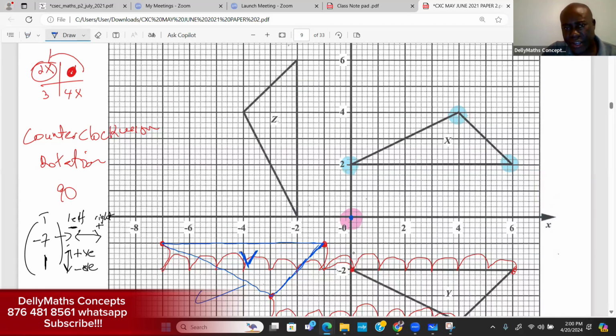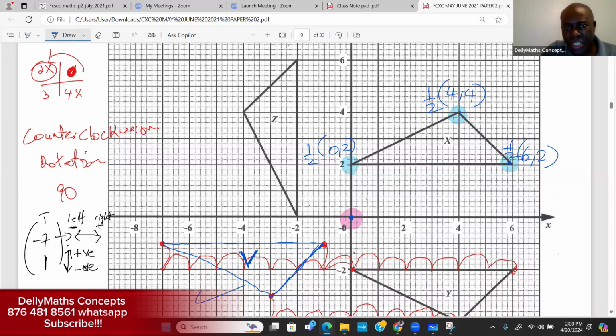So this coordinate here is 0, 2. This coordinate at this point is 4, 4. And this coordinate here is 6, 2. Because I'm doing an enlargement where the scale factor is 1/2, I'm going to take 1/2 of these. If I take 1/2 of these coordinates, so the scale factor multiplied by your coordinate will give you the new location.